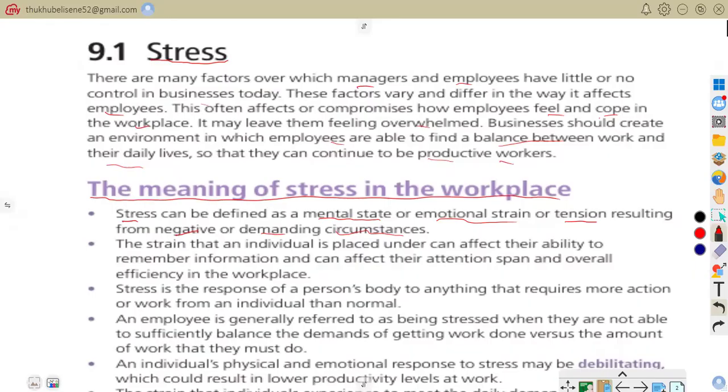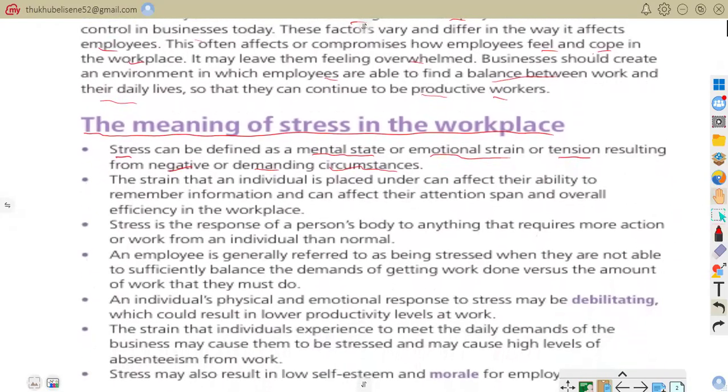Moving on to the second statement, it says the strain that an individual is placed under can affect their ability to remember information and can affect their attention span and overall efficiency in the workplace. Here we're talking about stress. Stress does affect memory, attention, and efficiency.